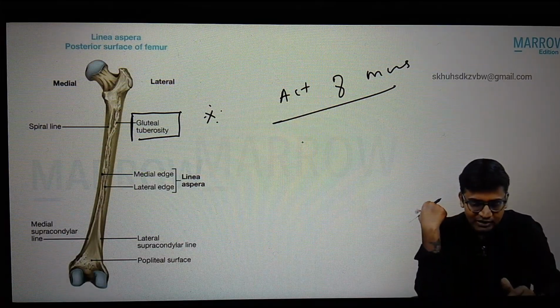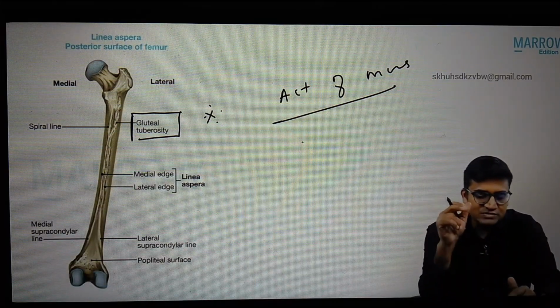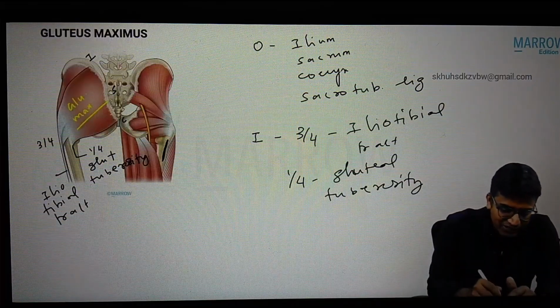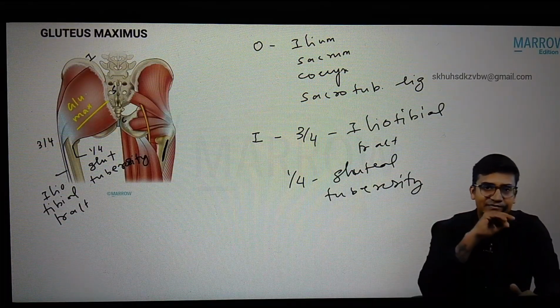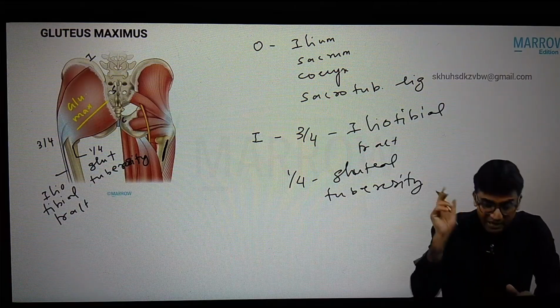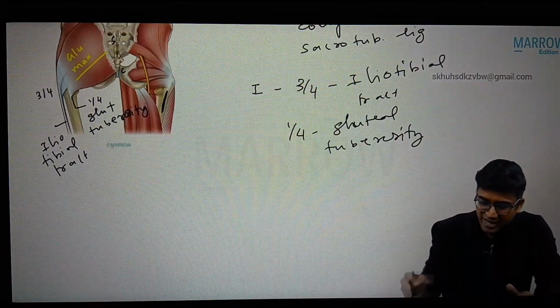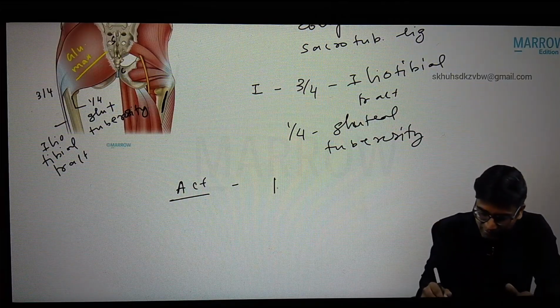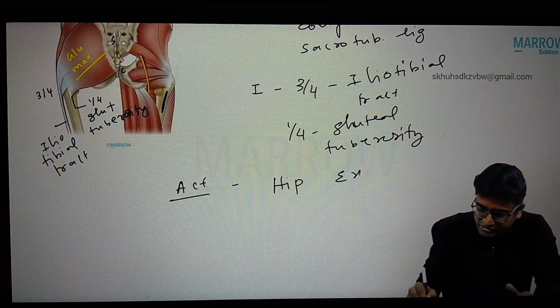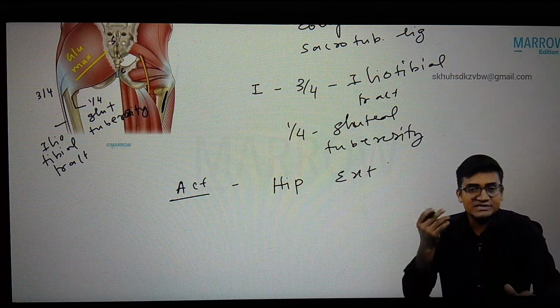Okay. So now what is the action of gluteus maximus muscle? So gluteus maximus muscle, it is crossing the hip joint on the back side. So what it does? Hip extension. So action of gluteus maximus muscle, number 1, hip extension. Now what is the next action?